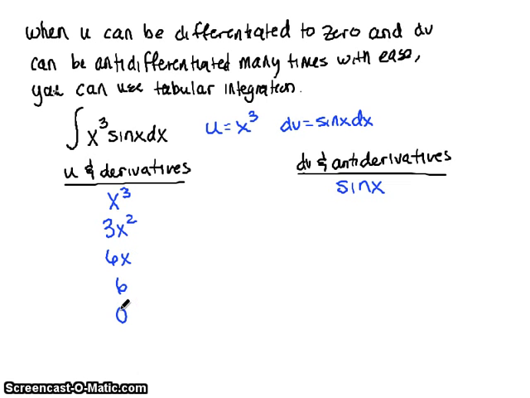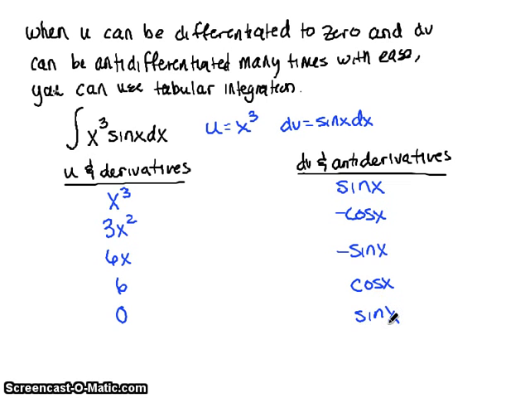And we want to take just as many antiderivatives on the other side. The antiderivative of sine is negative cosine. The antiderivative of negative cosine is negative sine. The antiderivative of negative sine is cosine. And the antiderivative of cosine is sine.